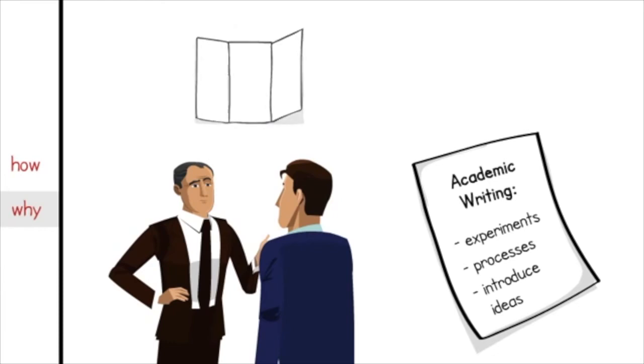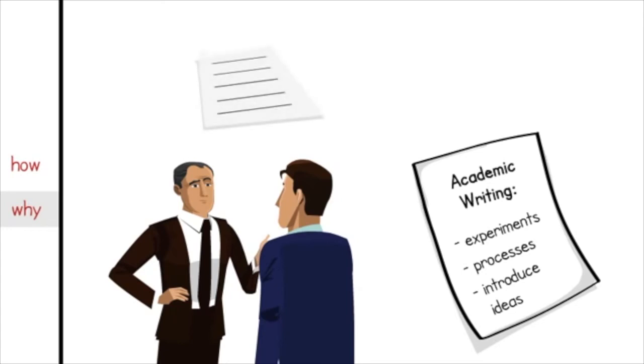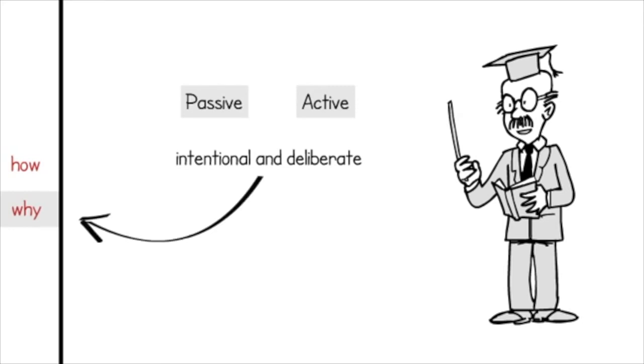Pay attention to whether it is common in the textbooks, journal articles, and other academic sources written by expert writers in your discipline. Also remember this guiding principle. Make sure your choice of active or passive voice is intentional and deliberate. That means you know why you are using it to emphasize information and make your meanings clear to the reader.